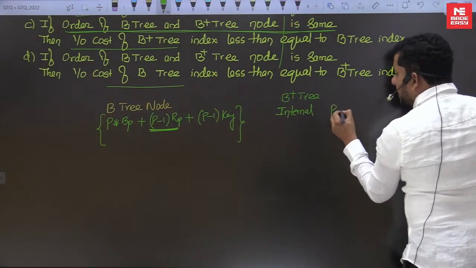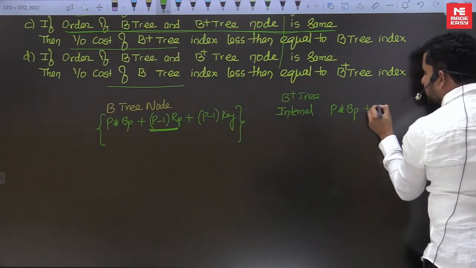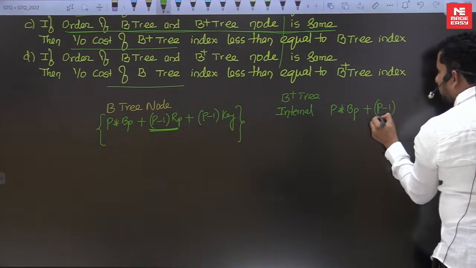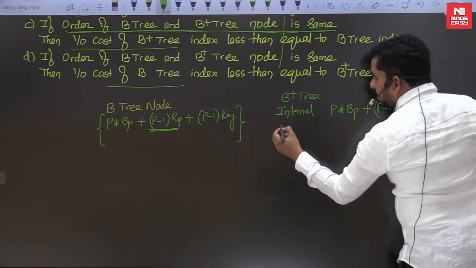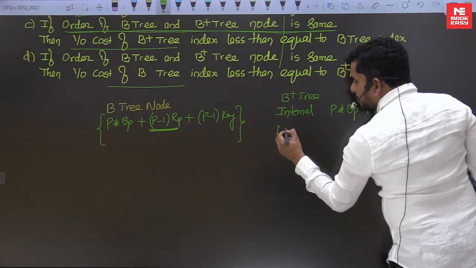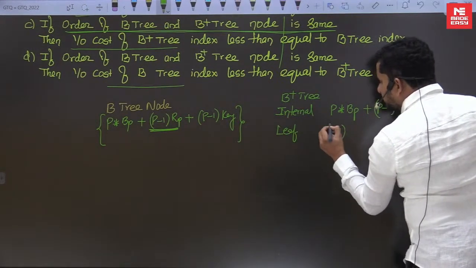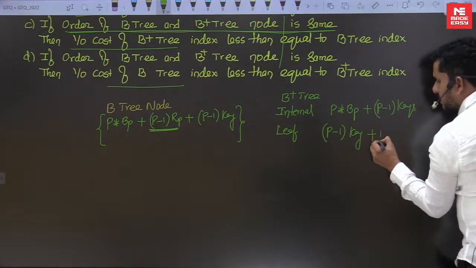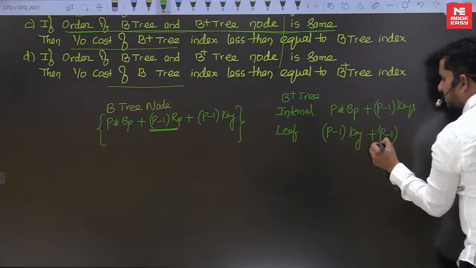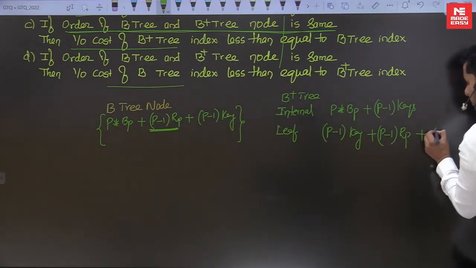If you take the B plus tree node, for the internal node there are P block pointers and P minus 1 keys, no record pointers. For the leaf node, there are P minus 1 keys as well as P minus 1 record pointers, and only one block pointer is required.